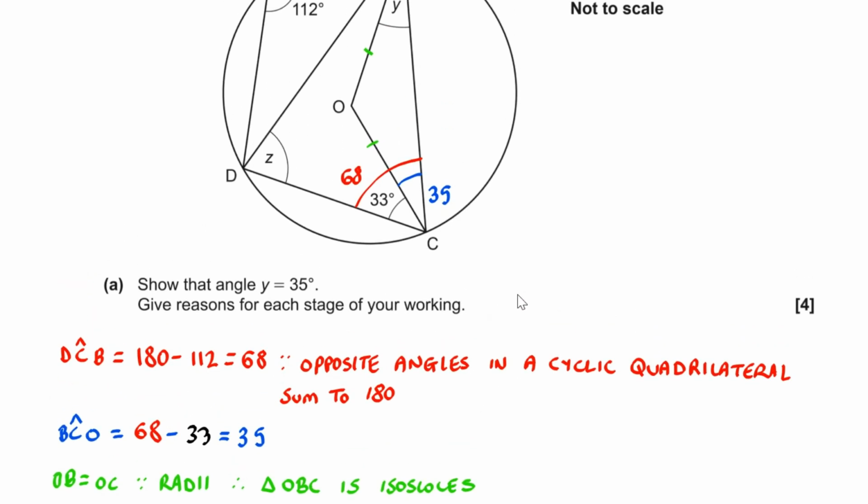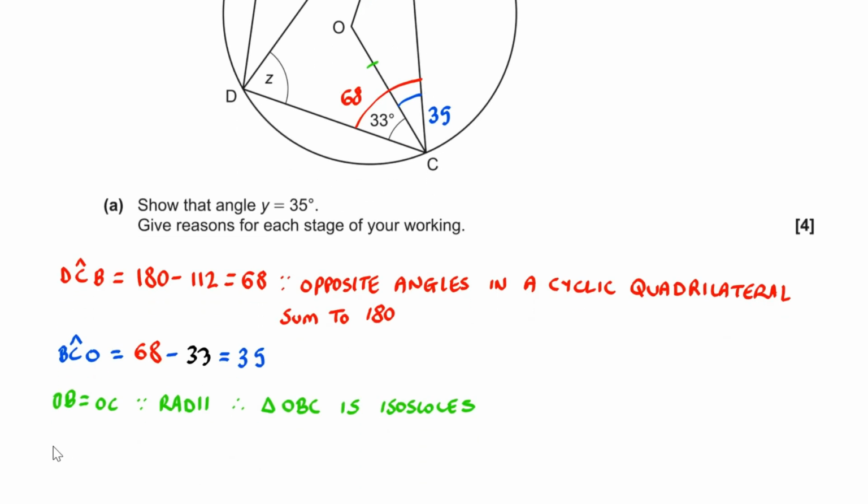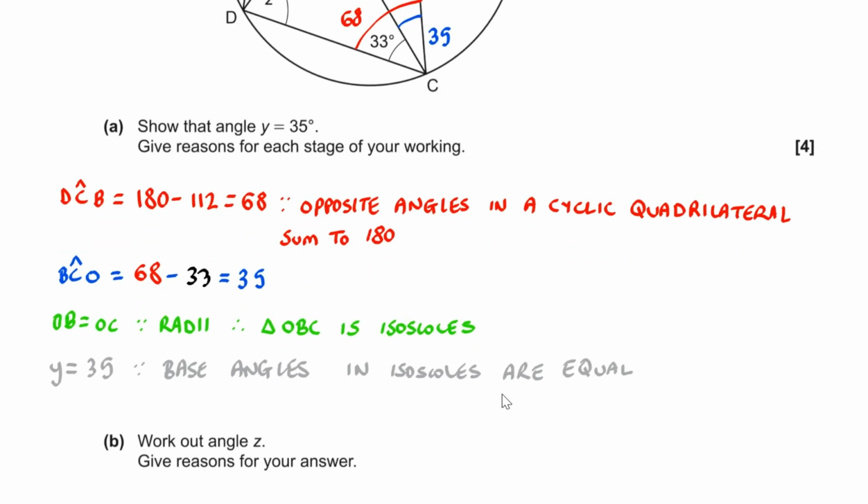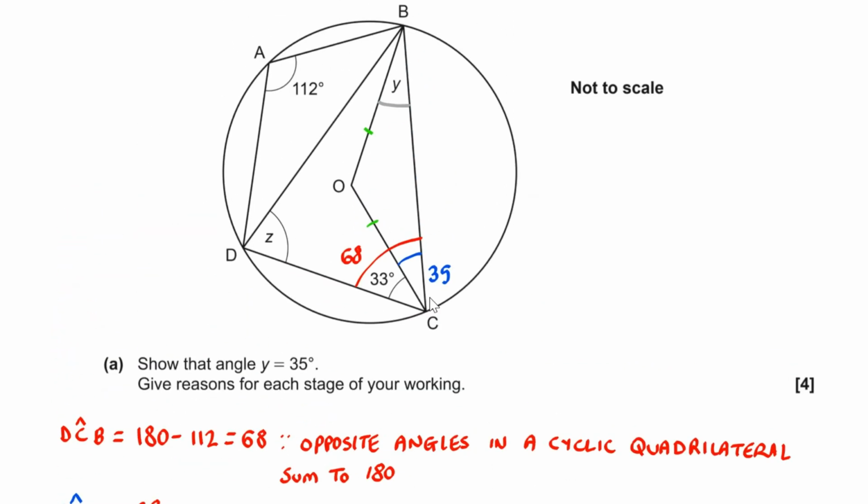And therefore, to work out this angle of Y is equal to 35, and the reason for this, the base angles in an isosceles triangle are equal. So we've got Y, which is equal to 35 degrees.